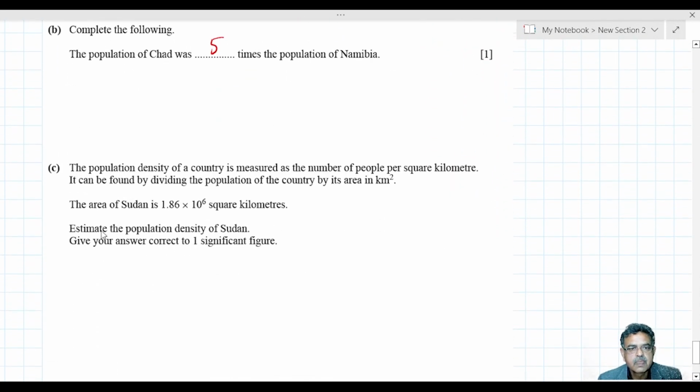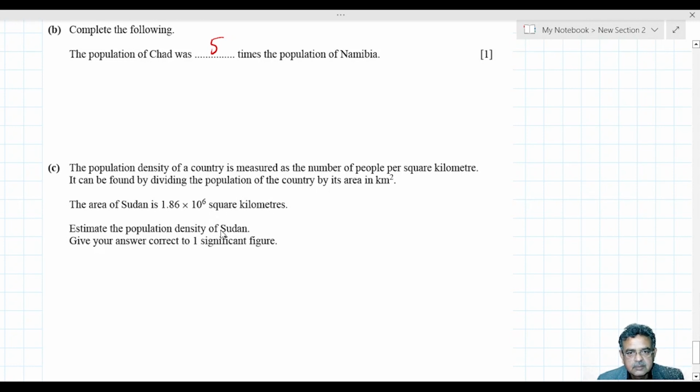Okay. Population density of a country is measured as the number of people per square kilometer. It can be found by dividing the population by area. Area of Sudan is this per square kilometer.